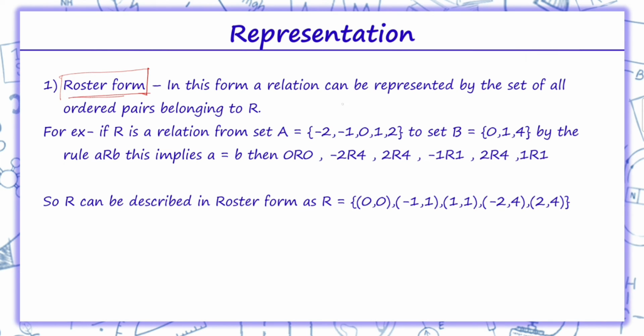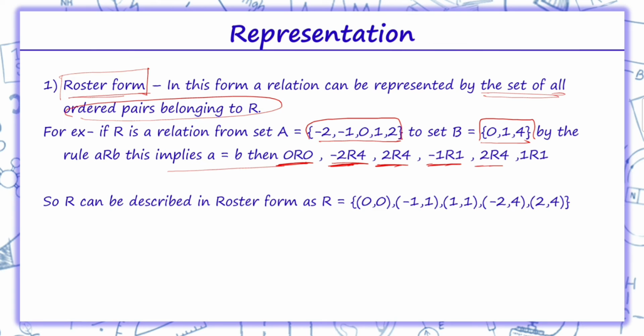In this form, a relation can be represented by the set of all ordered pairs belonging to A, like if it is written in numbers, not the theoretical part, like 0R0, minus 2R4, 2R4, minus 1R4. So this is all roster form. R can be described in roster form as (0,0), (-1,1), (1,1), (-2,4), (2,4) and so on.